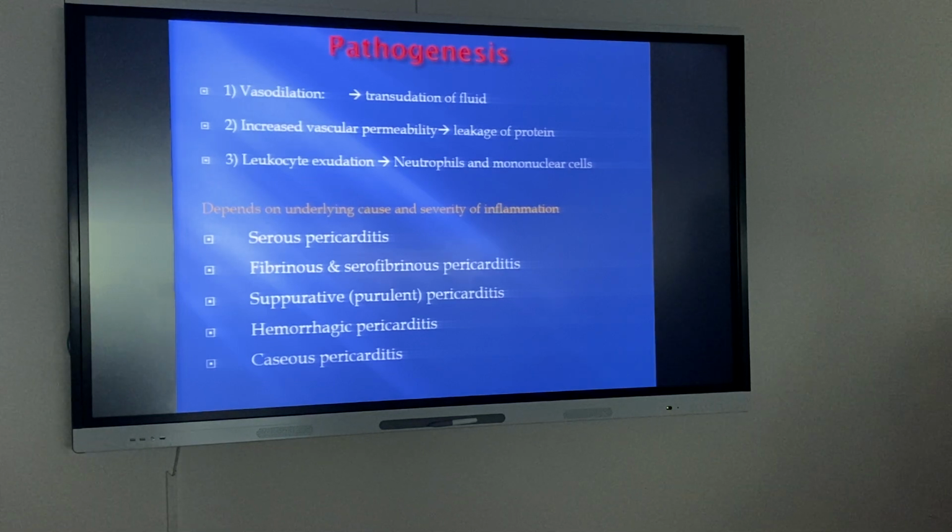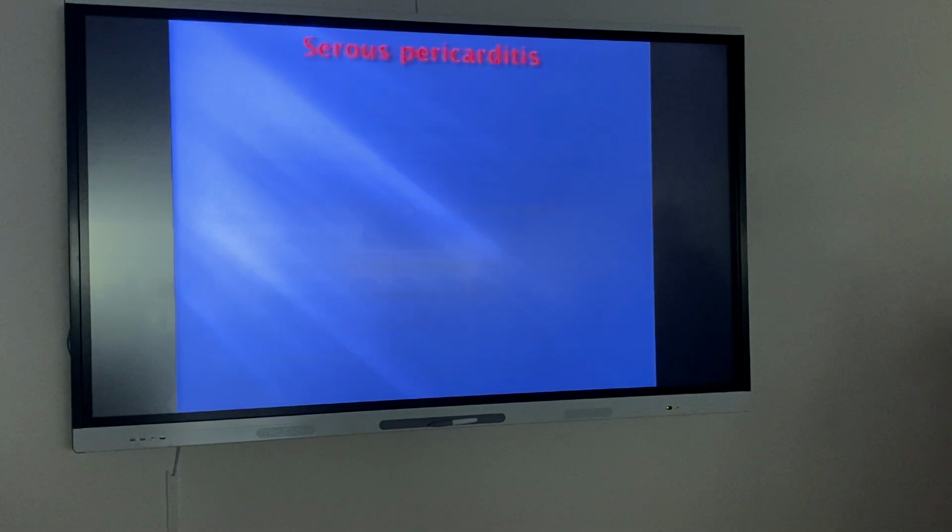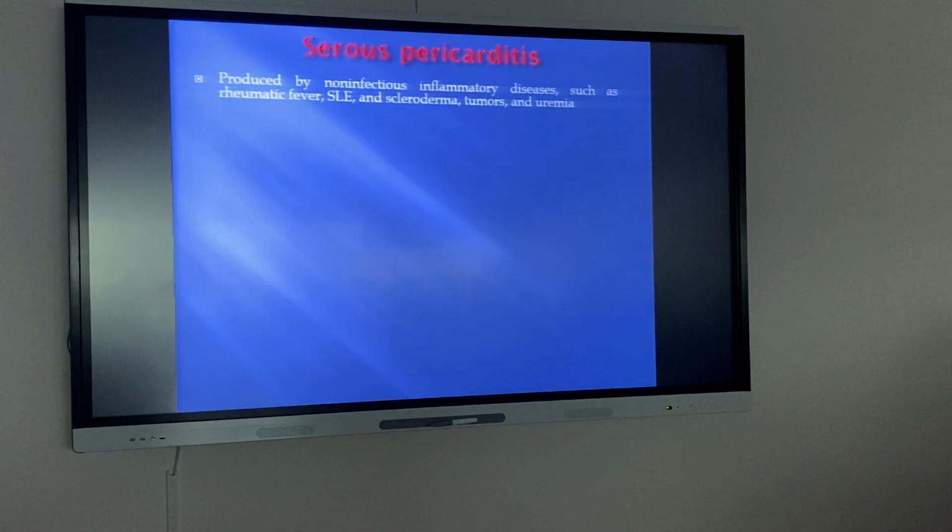Okay. We'll do one by one, starting with serous pericarditis. It's produced by non-infectious inflammatory diseases such as rheumatic fever, SLE, scleroderma, tumor or pneumonia. So it's not an infective one; on the contrary, it's because of the increased vasodilation. Remember the last slide.